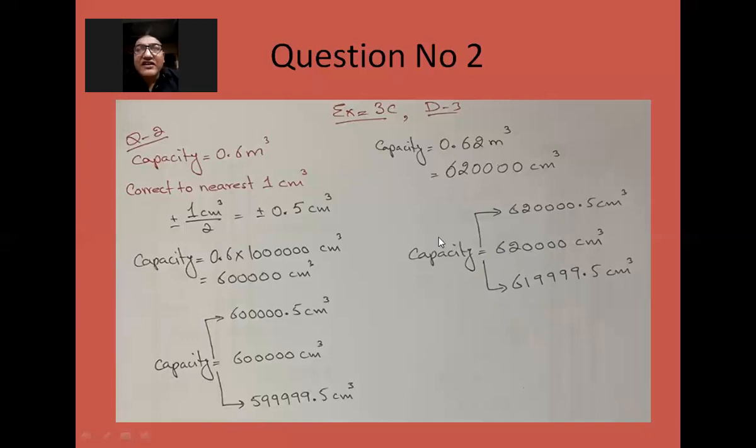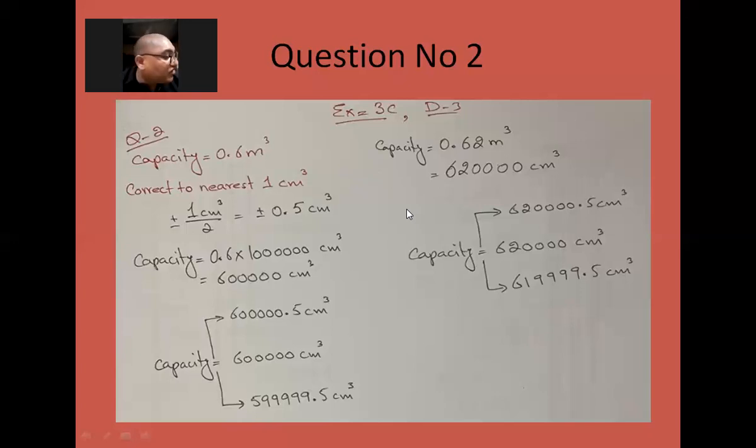So when I added 0.5 centimeter cube to 620,000 centimeter cube, I get 620,000.5 centimeter cube. And when I subtracted it, I get 619,999.5 centimeter cube. So this is how you do this question.